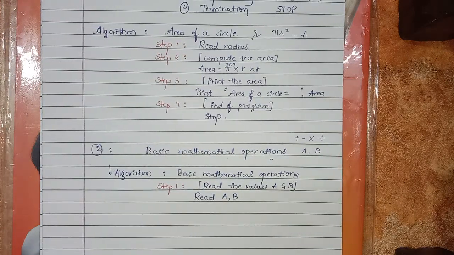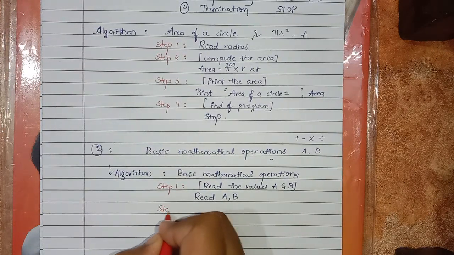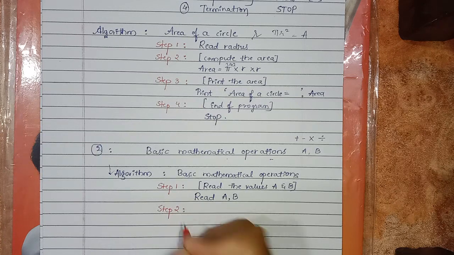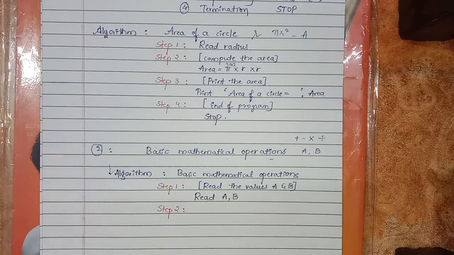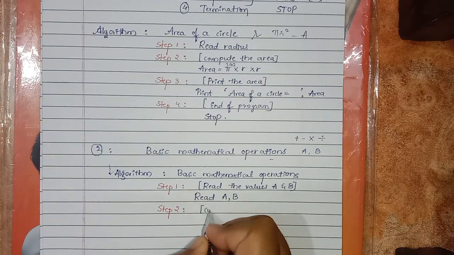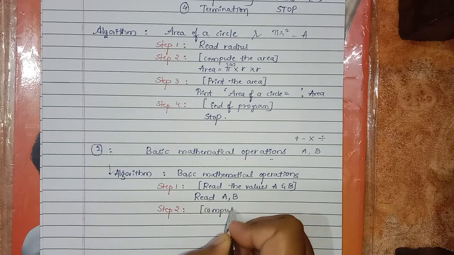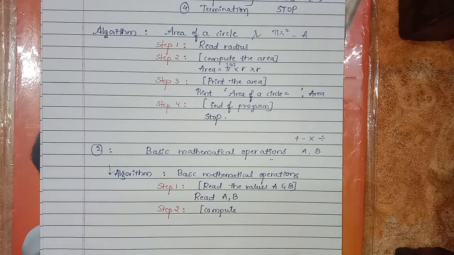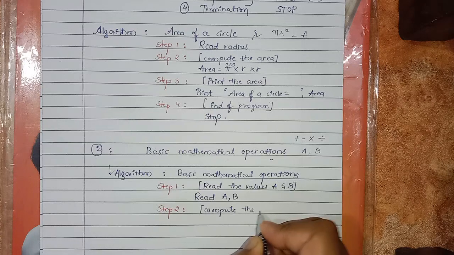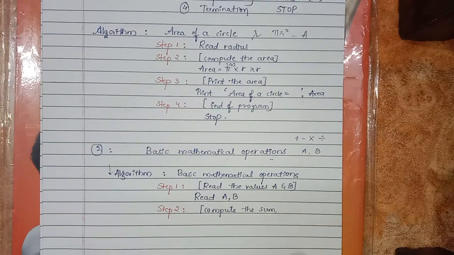After reading A and B, what we have to do? We have to compute the things, no? So what we have to compute here? All the basic mathematical operation. So compute the sum first. All the mathematical operation they have asked, no? So if they ask only addition, you have to write here only compute the sum.